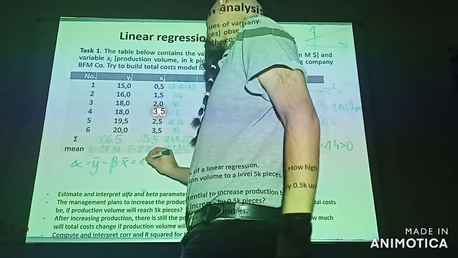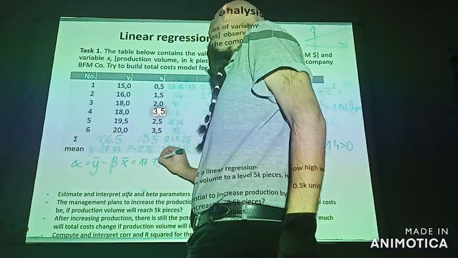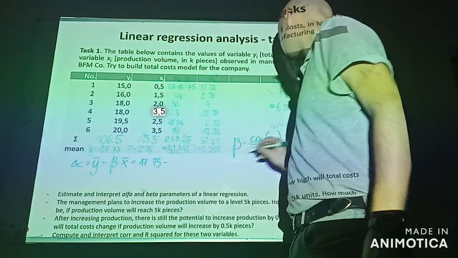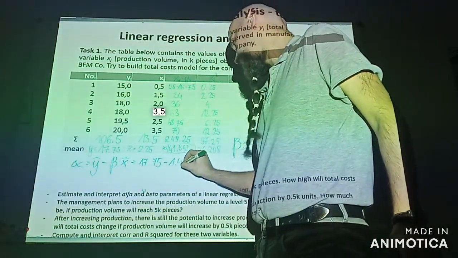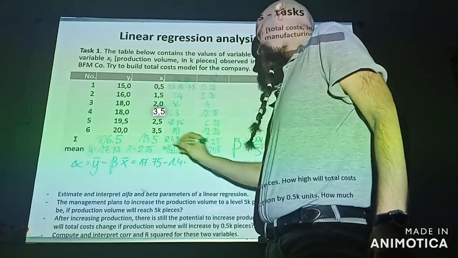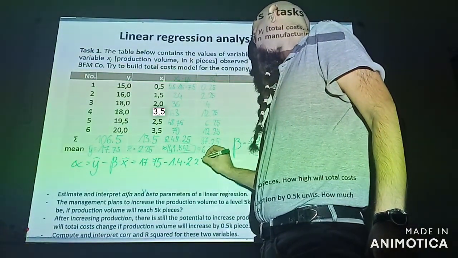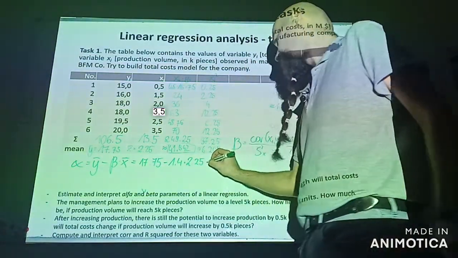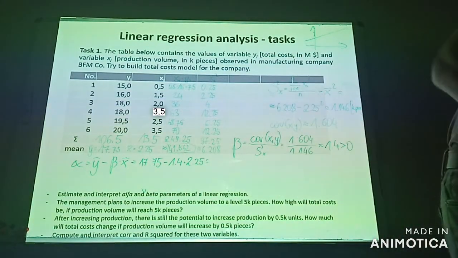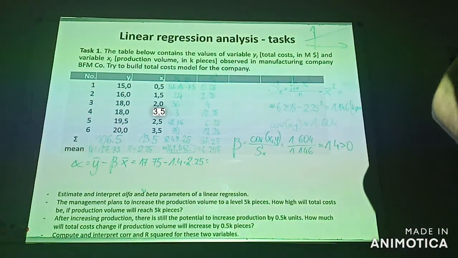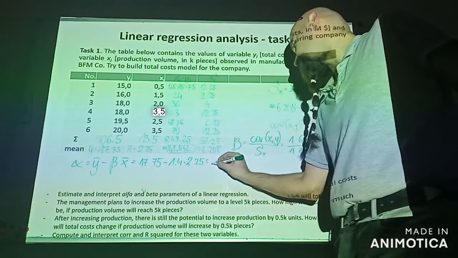So it is 17.75 minus beta parameter 1.4 multiplied by 2.25, and the result is 14.6.